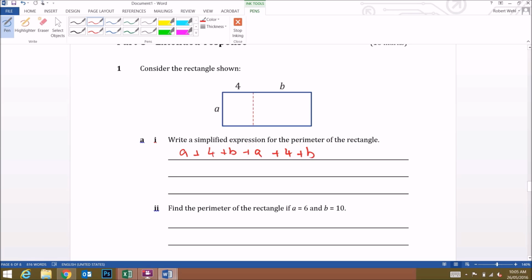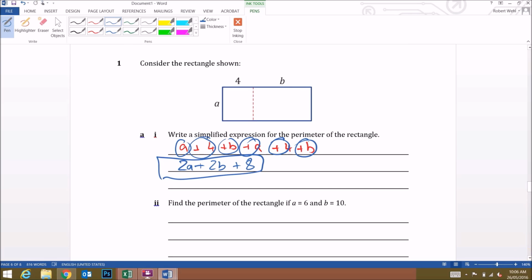Okay? So if I simplify this by collecting my like terms, I've got 1, 2 A's. Alright. Then I have 1, 2 B's. And then I have 2 4's. Okay, so that is my simplified expression for the perimeter of the rectangle.